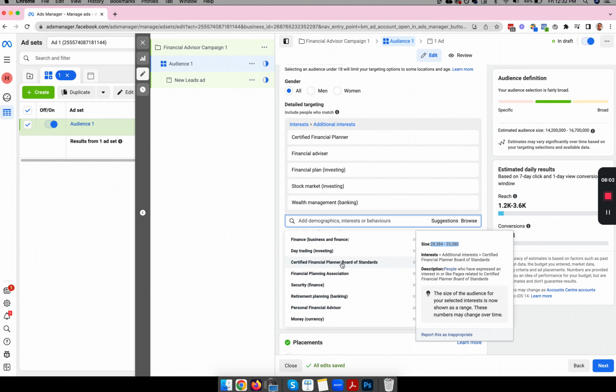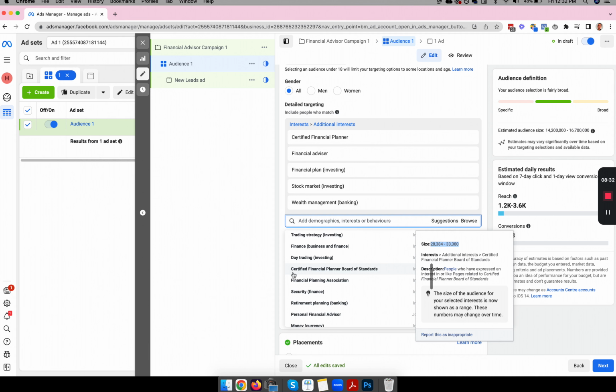So you always want to think, if I look at a specific keyword, what kind of a person would be interested in that keyword? So if you look at certified financial planner board of standards, who would know about this? Most likely people who know about this are financial advisors who are looking to become a CFP, and they're looking for the board of standards and all that. You're not going to find a pre-retiree/retiree who's looking to just basically protect their assets, looking for the board of standards for CFPs.